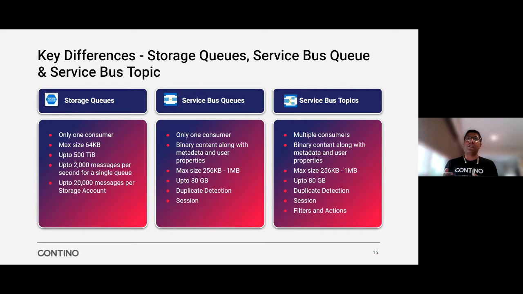And then the other one is your user properties, which is like a key-value property bag that allows you to do some filtering. So with service bus topic, it gives you an additional feature that you can filter and do routing, and you can have multiple subscribers, each receiving a given message that they want, or the same message as well. So that's basically service bus queue.